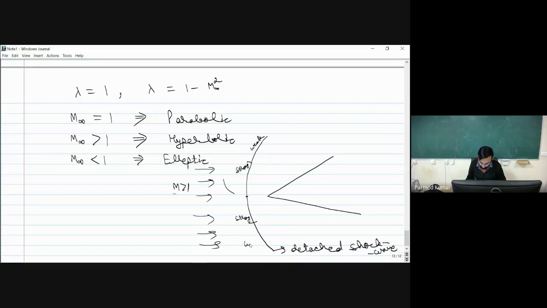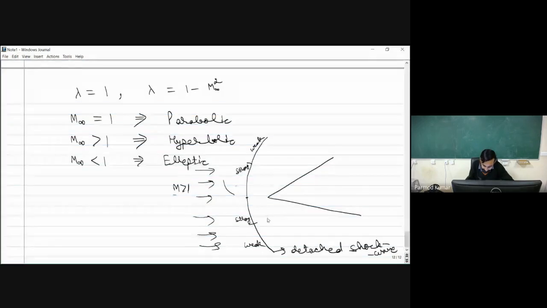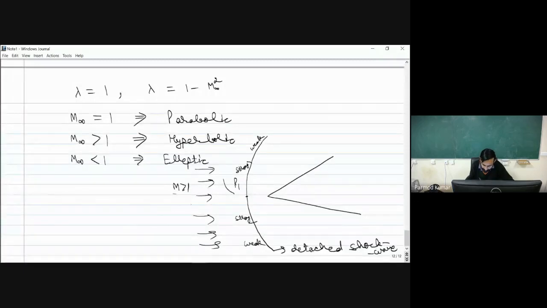So what will be happening in this zone of the shock wave? We will find that here we have a sudden increase of pressure. In the upstream of the shock wave, say we have some pressure P1, and say the Mach number over here is M1 in the upstream.